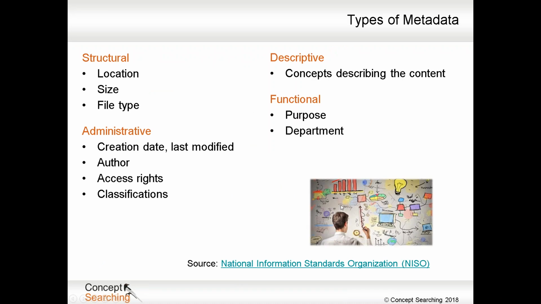So what are the types of metadata? This is important, and as I mentioned before, you've got metadata that you don't even know that you have. There's structural metadata, and all of this information comes from the National Information Standards Organization, so you can go in and at NISO and look at this and get a more detailed view of this if you want.